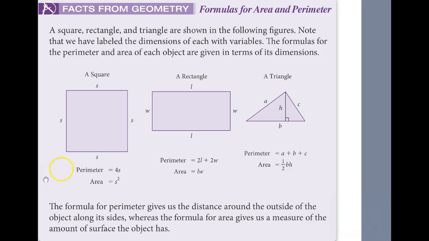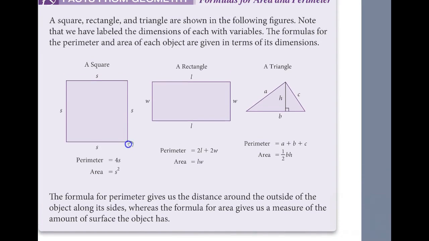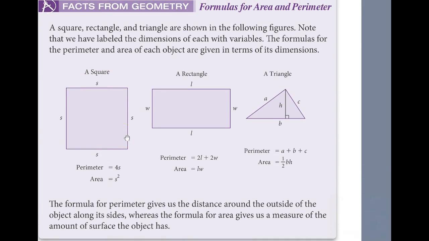For a square, our perimeter is going to be walking along the outside of our square. So it's going to be S plus S plus S plus S. Right? So I'm walking along the outside.